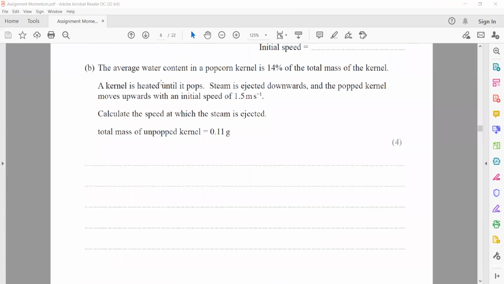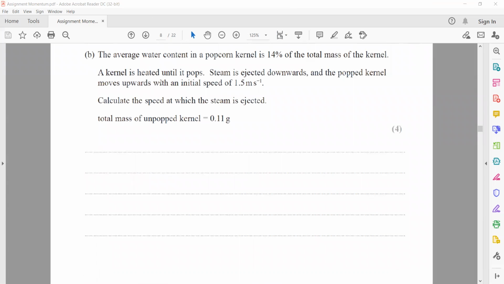The average water content in a popcorn kernel is 14% of its total mass. So 14% of the total mass contains water. The kernel is heated until it pops, steam is ejected downward and the popcorn kernel moves upward. Calculate the speed at which the steam is ejected.